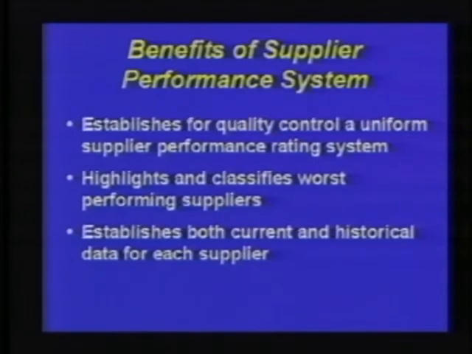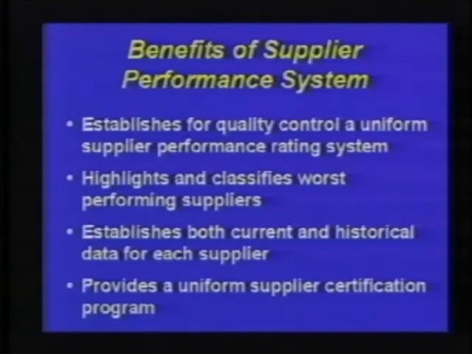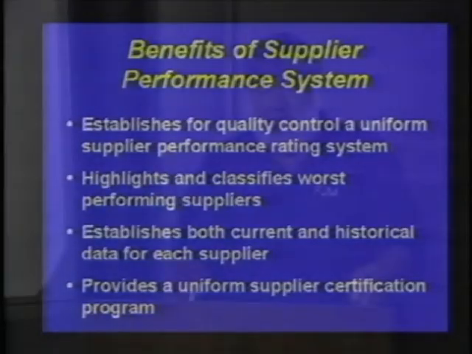It also establishes both current and historical data for each supplier. Historical, that is the data that has been generated through the point evaluation over the last quarters. And last but not least, it provides a uniform supplier certification program. And that is really the name of the game.